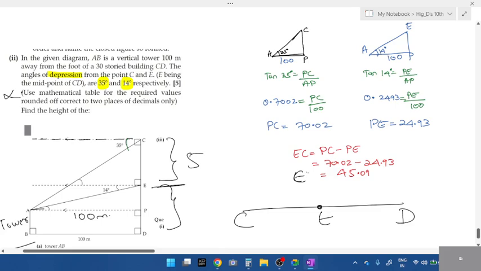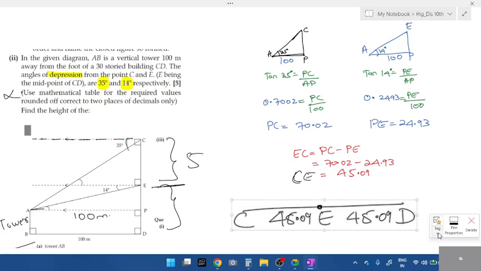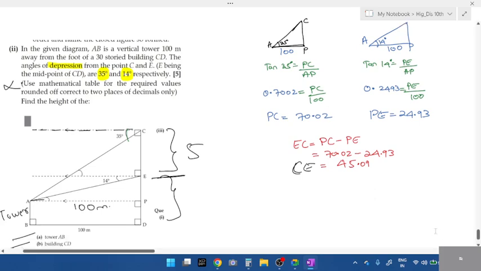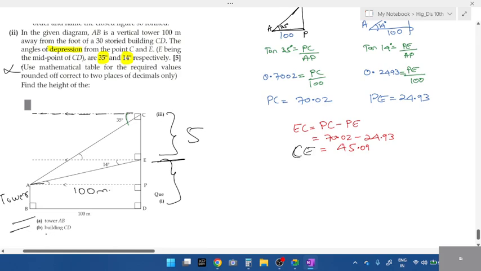If CE is 45.09, what about ED? The same. So both will be the same, right? And what is the entire value of CD? What do you call that according to this diagram?